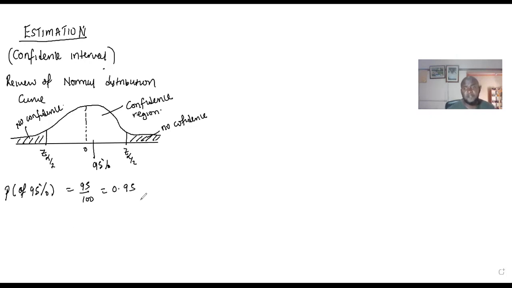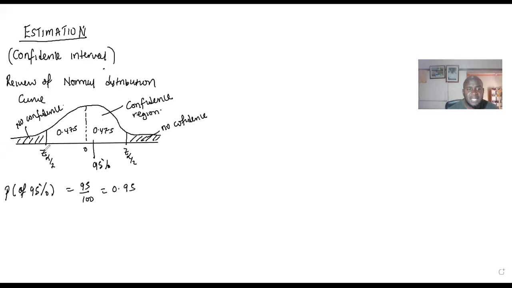You get 0.475. So this side is 0.475. This side will also be 0.475.